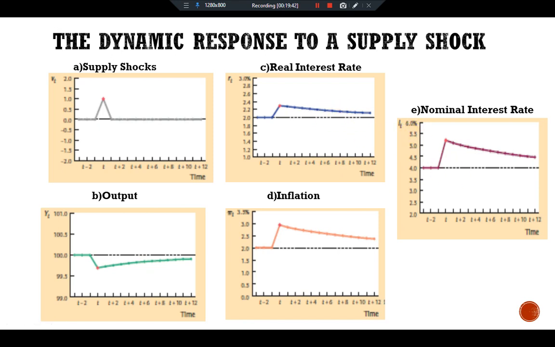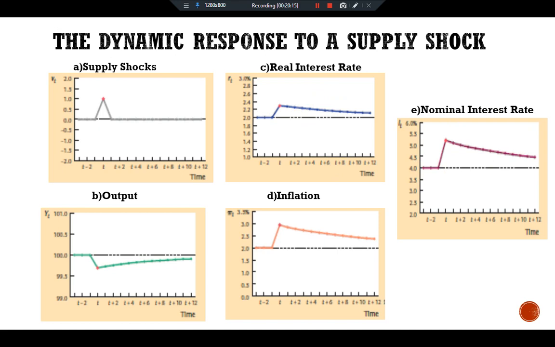This figure also shows the paths of the nominal and real interest rate in the period of the supply shock. The nominal interest rate, shown in panel E, increases by 1.2 percentage points, and the real interest rate, shown in panel C, by 0.3 percentage points.